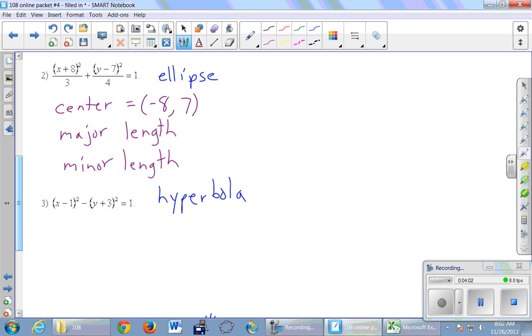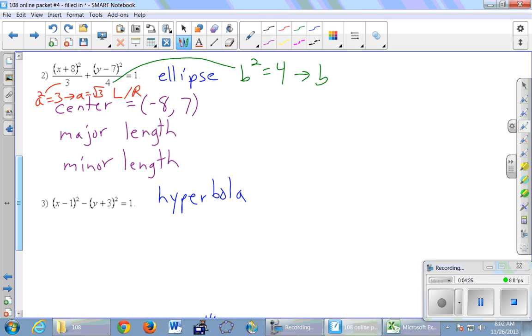Okay, the major length. So we need to find the a and the b. And remember that a squared is that number. So that means that the a value is root 3, which means that you are going left and right root 3. And we'll look at the other one as well. This is your b squared.